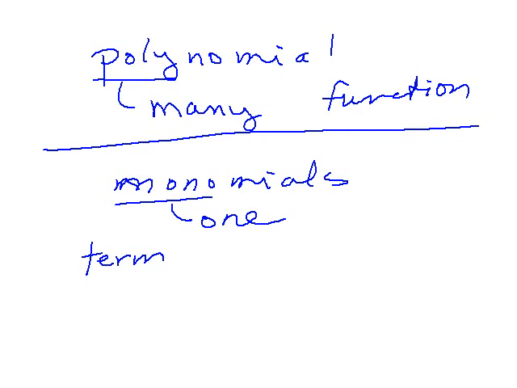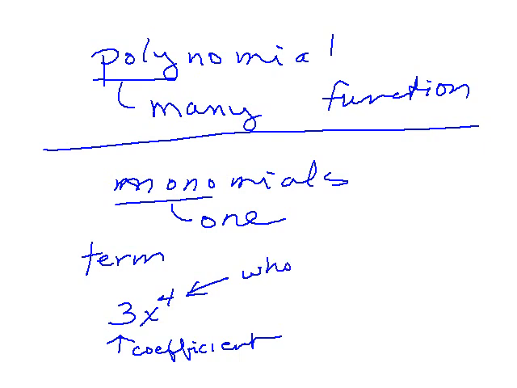A monomial is a term that consists of variables and a number, a constant, that's called the coefficient. This is a monomial. So here's your coefficient, and that term is used throughout. And then you have the variable, in this case x, and the variable can be raised to any power that is a whole number.